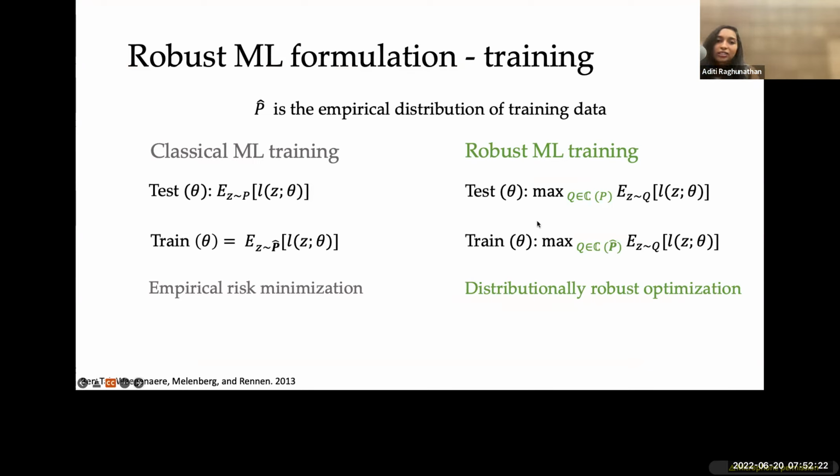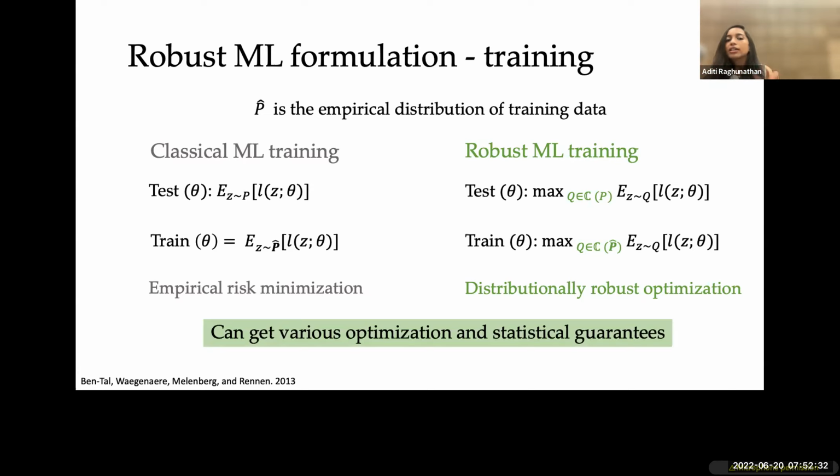So that's basically what robust training looks like: minimizing the error on the worst case versions of your training data and hoping that it generalizes to the test set. And it turns out that this formulation is nice because you can actually get various optimization and statistical guarantees, just like you get from classical ML, for a variety of different settings. That is, you can prove in certain cases that minimizing on the training worst case actually minimizes on the test set.